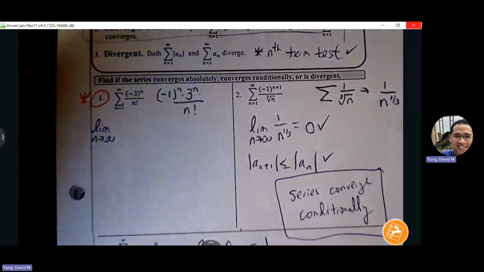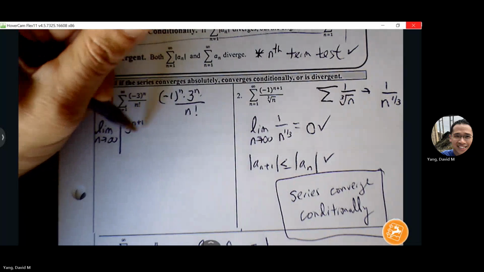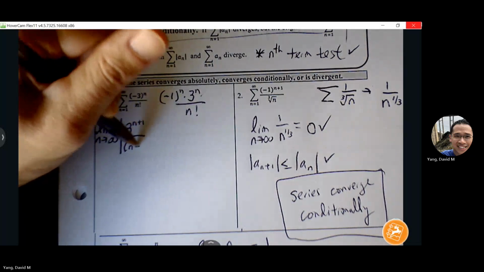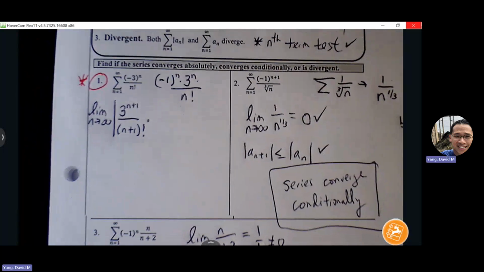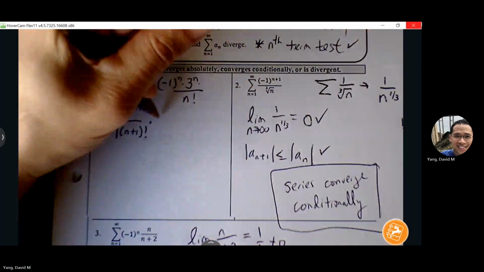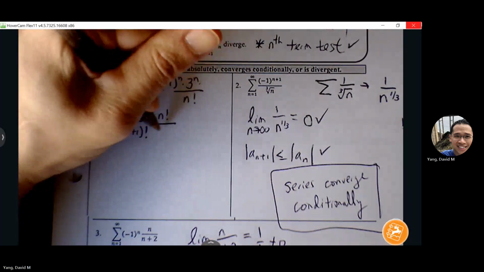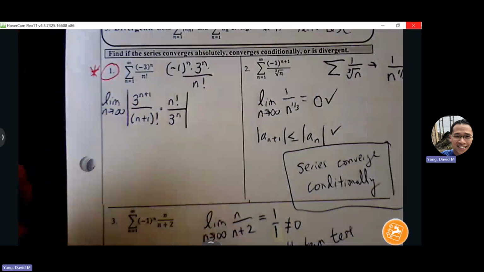It's always a sub n plus 1 divided by a sub n. We're just going to multiply by the reciprocal of a sub n. Do some cleanup.